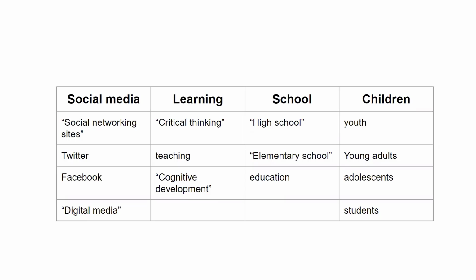So a scholar might use social media, but another scholar might use social networking sites, and they're really talking about the same thing. They really mean in their conversation and in their research how social media affects learning. They're talking about the same thing, but they're using different keywords. This helps us to capture as much information as possible that still relates to the scope of our argument.